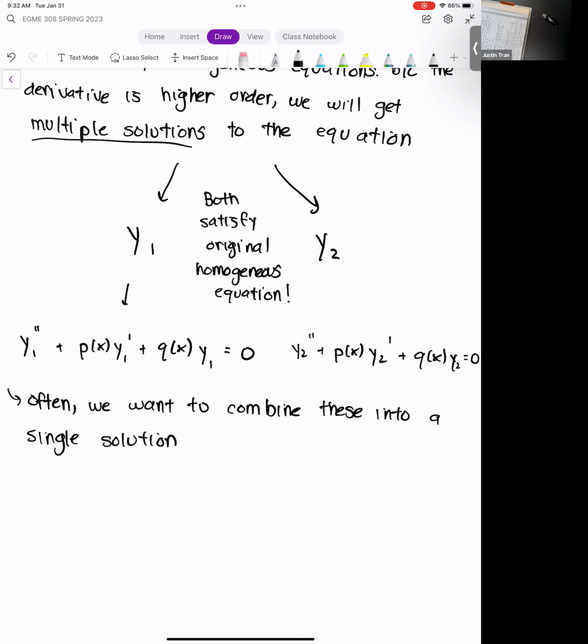The way we do that is we use a mathematical technique called linear combination.